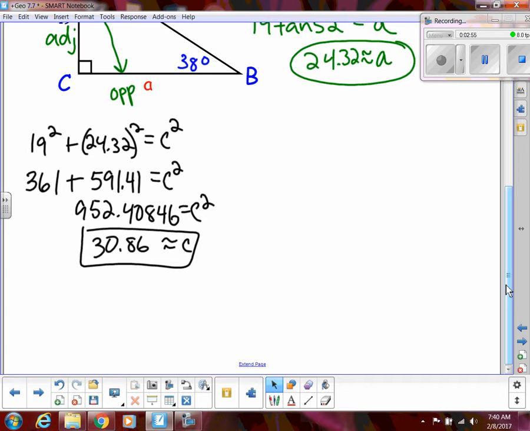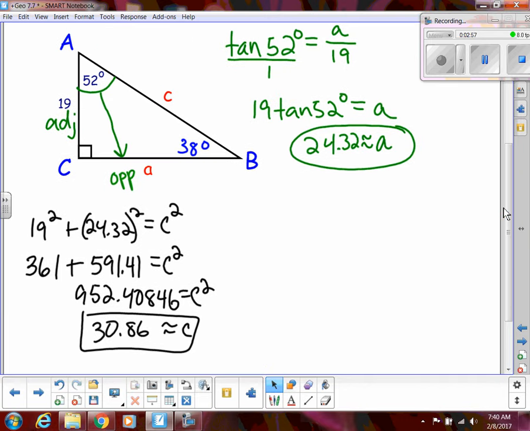The other way would be to go back to the angle and side we're given, and I would be using the adjacent and hypotenuse. So that means the cosine.